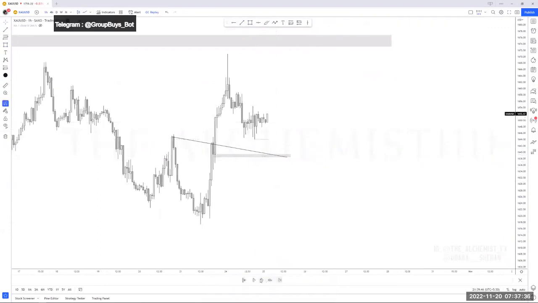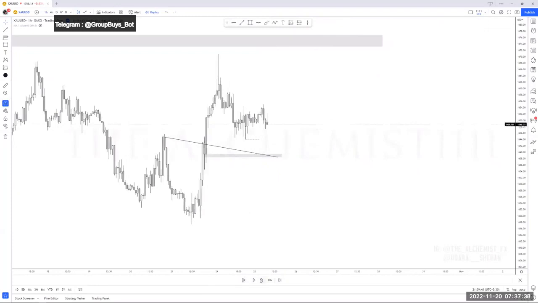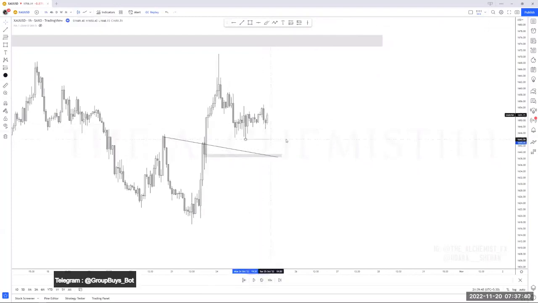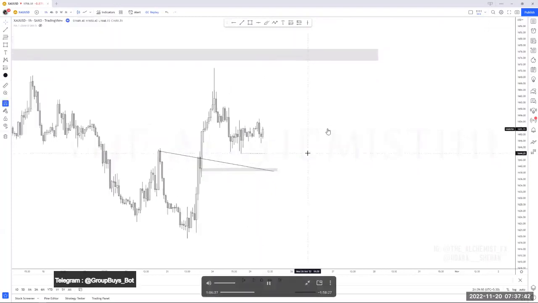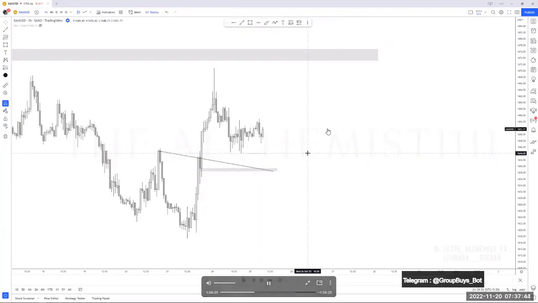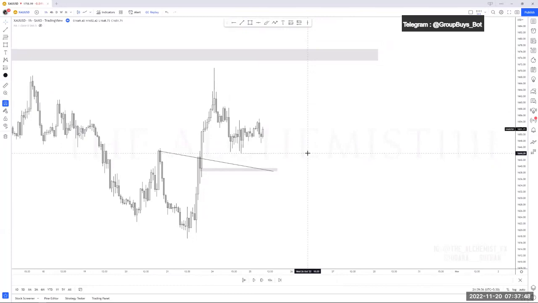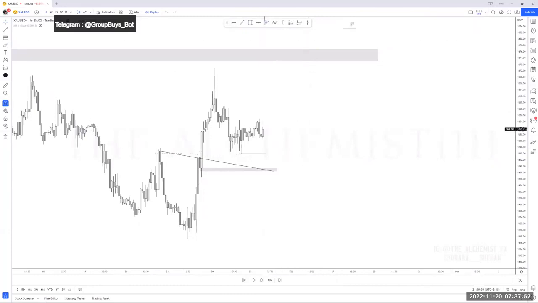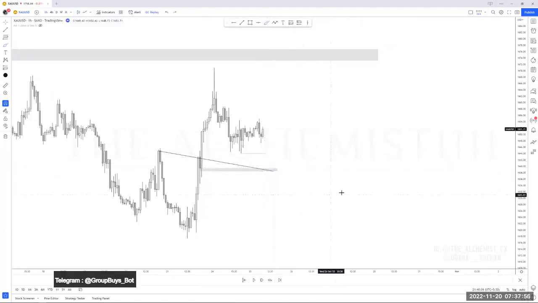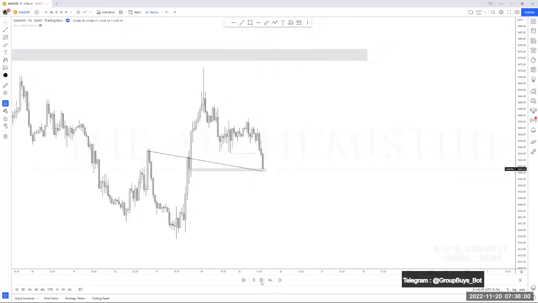Let's talk about timing. Do you use timing even with Malaysian SNR? For timing, I will be using the 4-hour candle open and closing times, because with every single 4-hour candle open and closing time, momentum kicks in. So if price reaches these areas at those times of the day, it's very high probability.